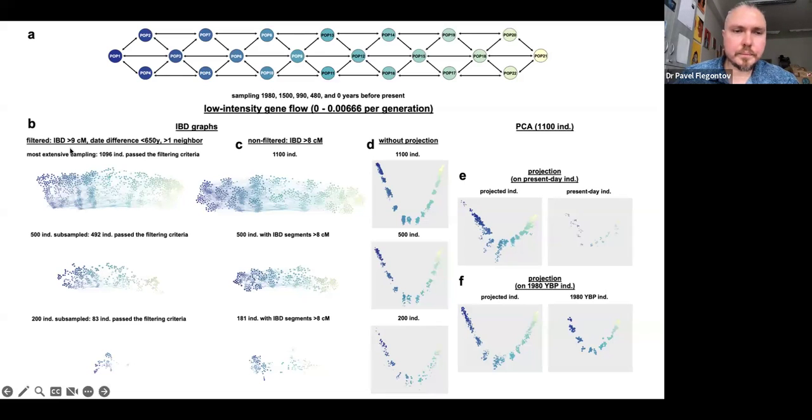And on the left, I'm showing reconstructions of networks of IBD connections between these individuals using two approaches: either we remove links between individuals that are too distant in time, or we keep all links.